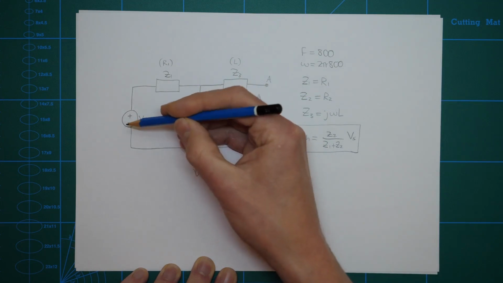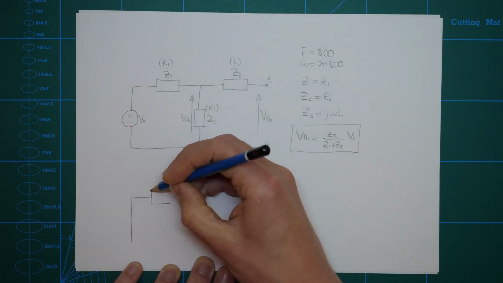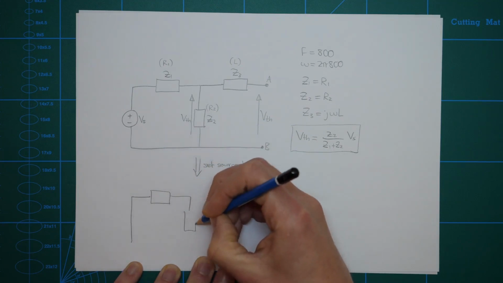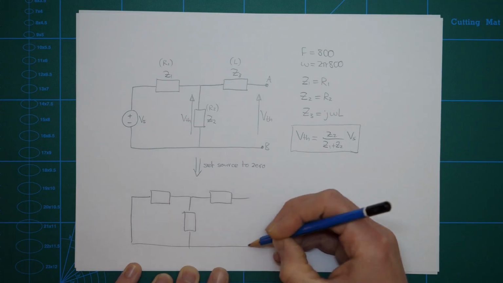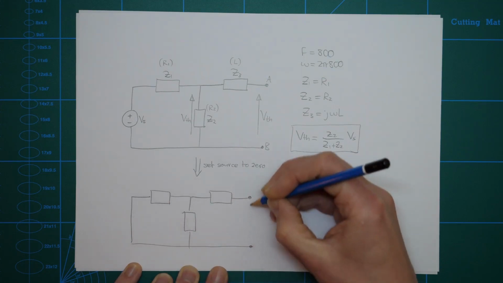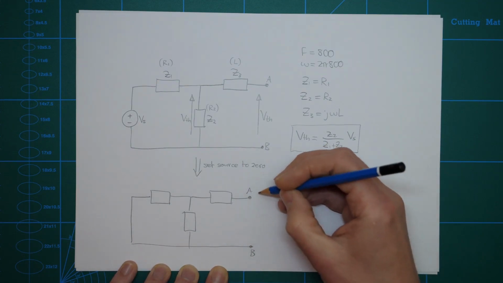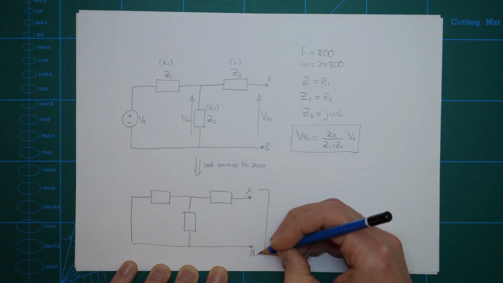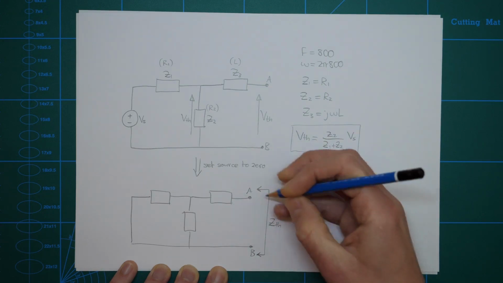So this is a voltage source, so when we set that to 0, it just becomes a short circuit. So here's A, B, and we're interested in the impedance looking into the circuit from over here. That's going to be ZTH.